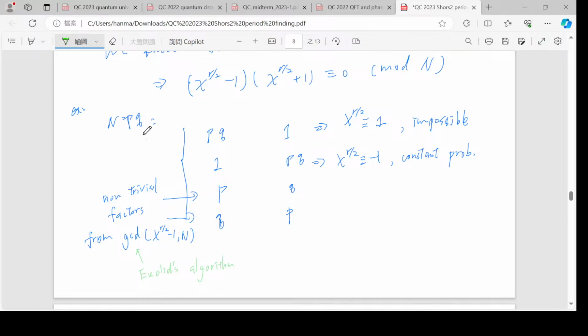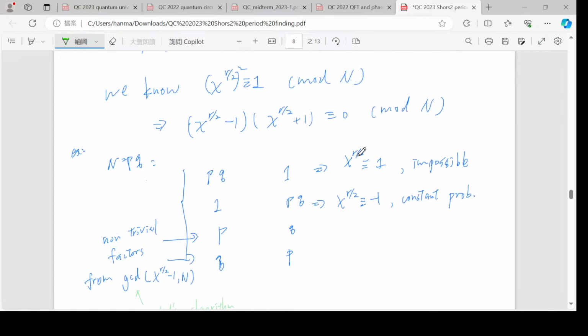So let's say n equals pq, with p and q prime. That makes things a little easier, although in general, if n has more factors, it will be harder. Now we have 2 terms here that multiply to basically n, because they equal 0 modulo n. So this is some multiple of n. Now we think about how the p and q factors can be distributed between those 2 factors.